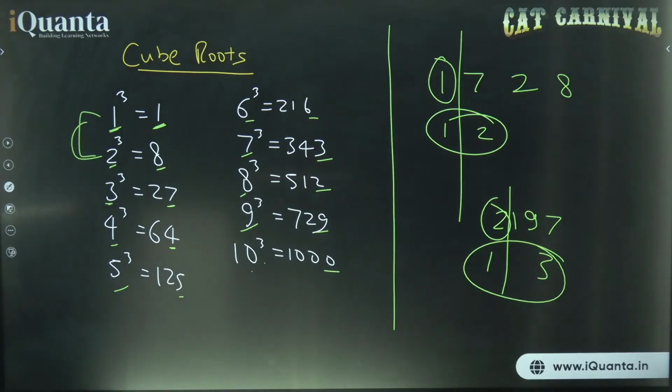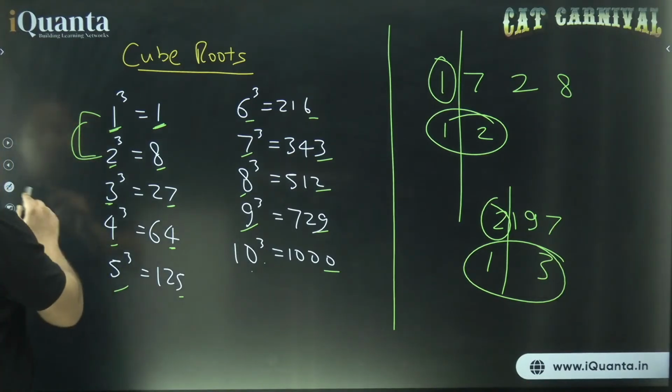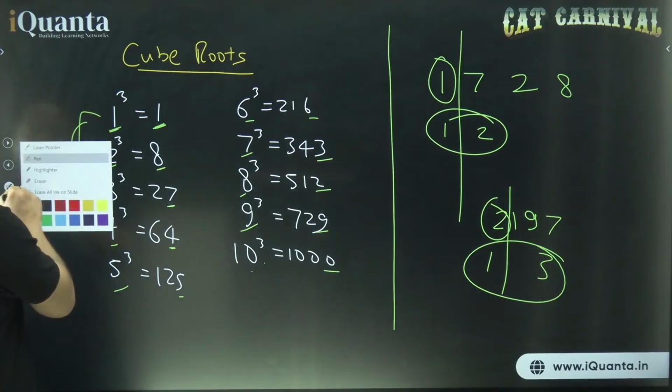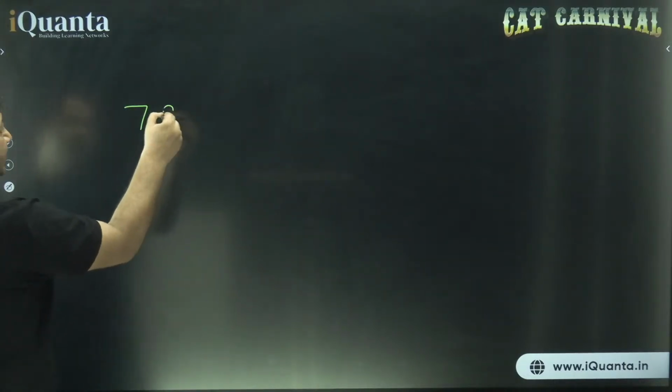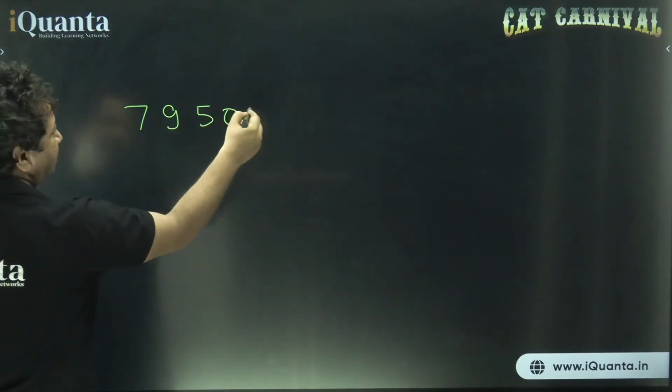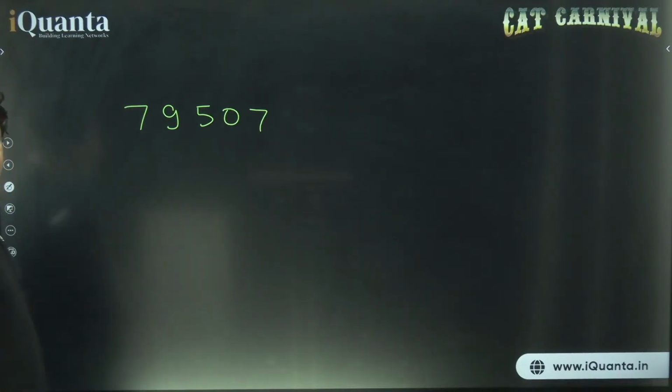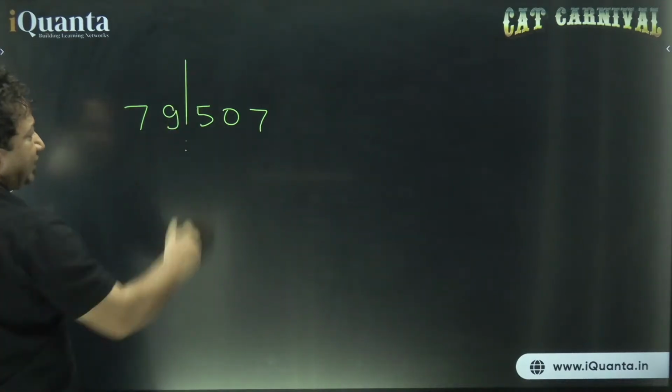You might be thinking, what if there is a huge number? Let's take, for example, 79507. Now I'll count from the right hand side 1, 2, 3, put a line.